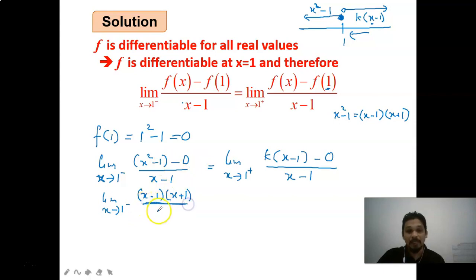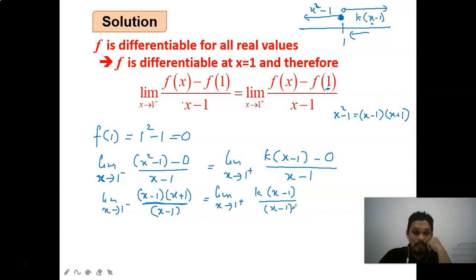And divide by x minus 1 equal to limit x approaching to 1 from right, then k times x minus 1 divided by x minus 1.